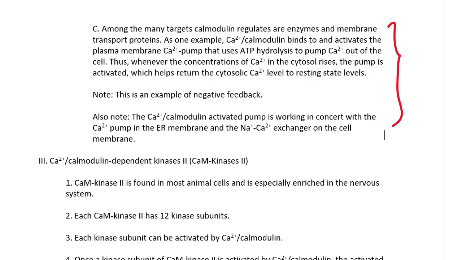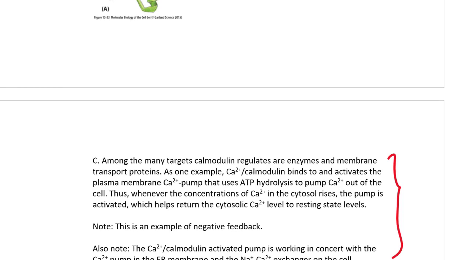So what does this look like? We always said that calcium concentrations increase in the cytosol by whatever method, okay? There's something that happens upstream, whether it's a signal transduction pathway of some sort being activated or channels being opened, etc., right? That you had negative feedback on this, right?